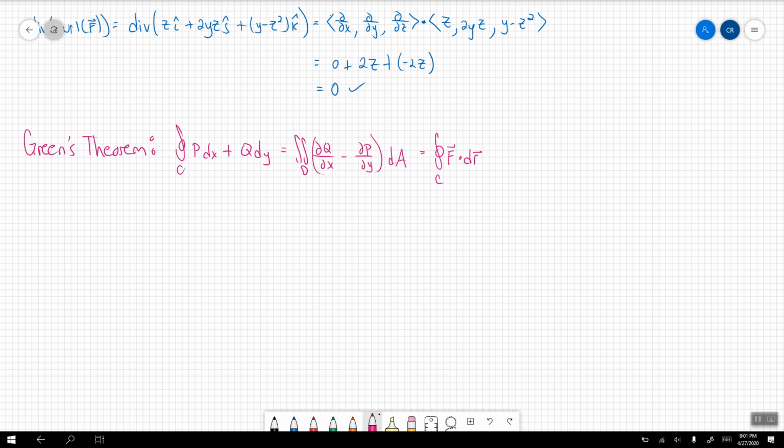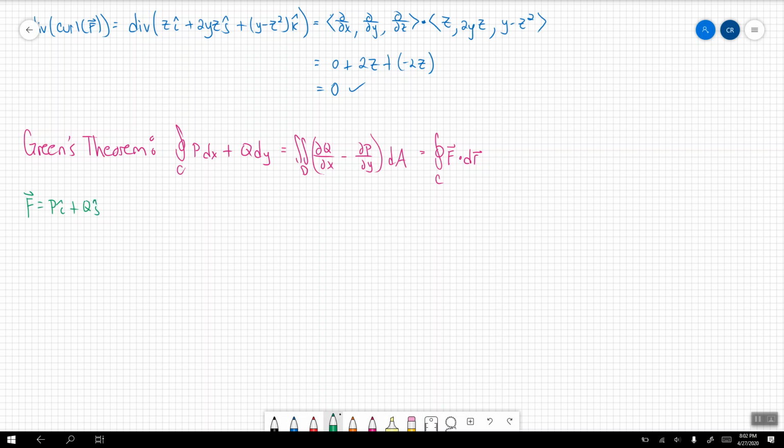Now, when we're working with Green's theorem, what I want to do right now is work with the curl of the vector field that's given here by Green's theorem. This is going to operate under the assumption that we have some p and some q within our vector field that we're looking at. So when I look at my vector field here, I'm going to look at some p in the i component, and some q in the j component.